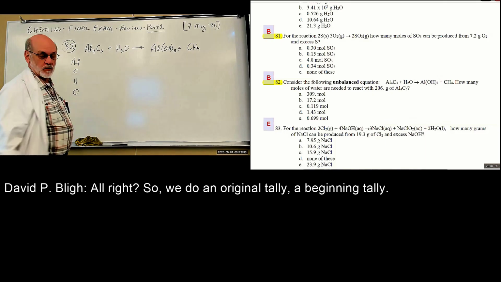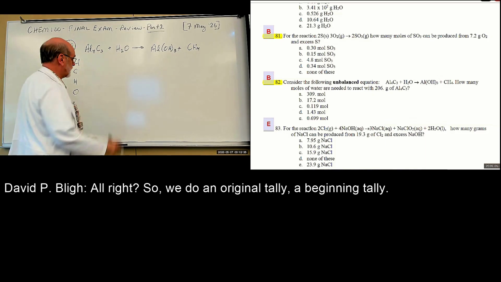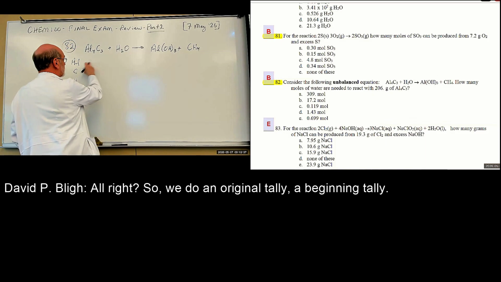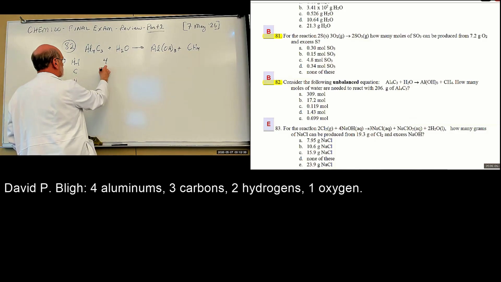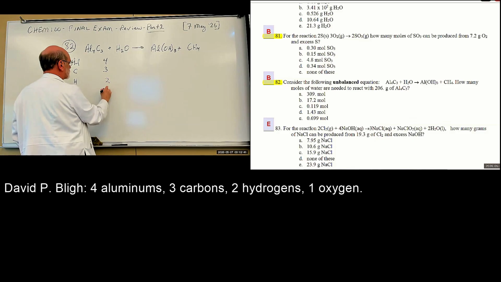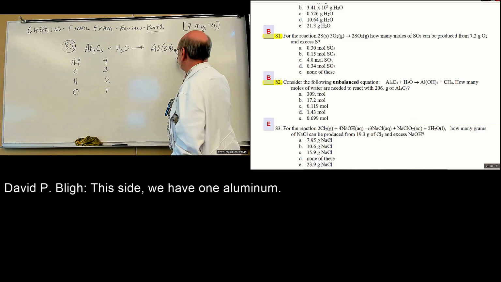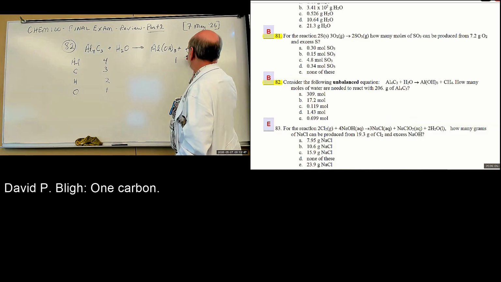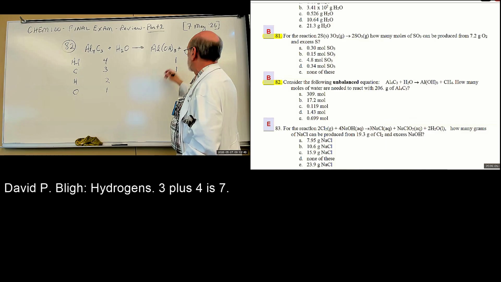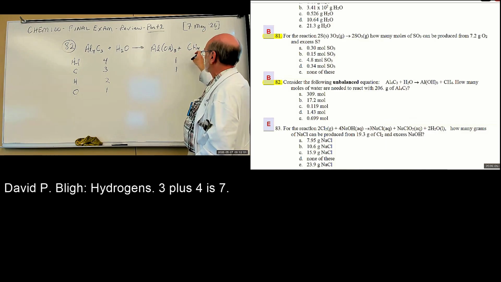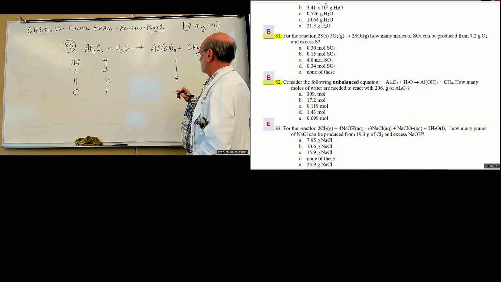All right. So we do an original tally, a beginning tally: 4 aluminums, 3 carbons, 2 hydrogens, 1 oxygen. This side we have 1 aluminum, 1 carbon, hydrogens: 3 plus 4 is 7.